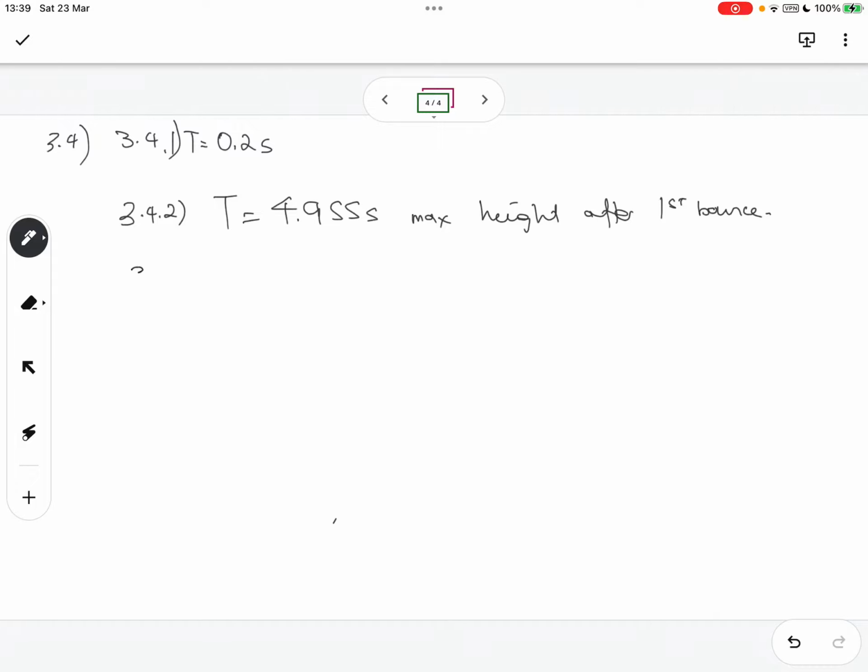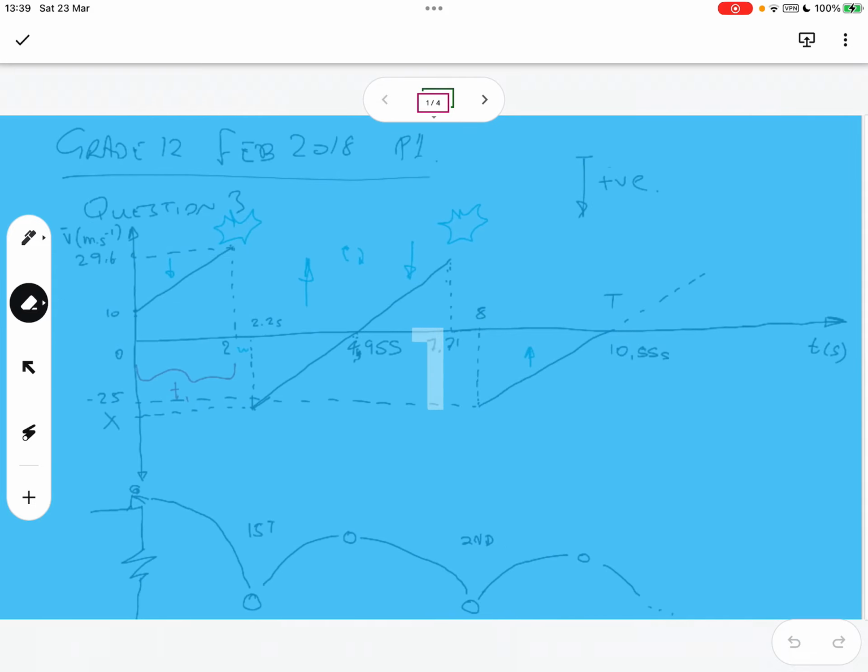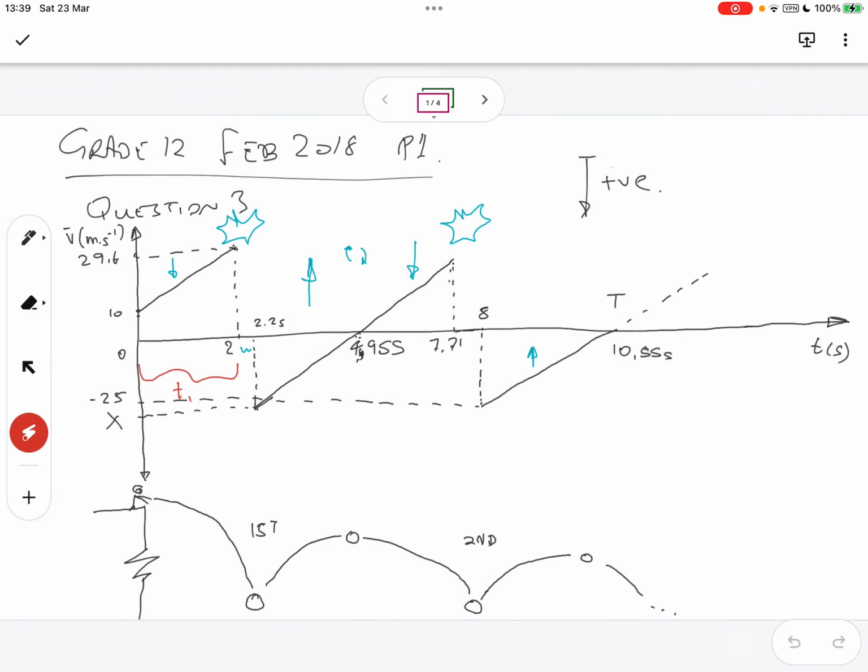All right. Now 3.4.3, we're asked to find the value of x, and from the graph, the value of x is this velocity here. Even from the information given on the graph, ignoring the negative side, x would be bigger than 25.